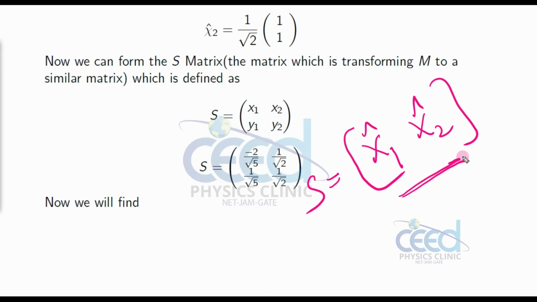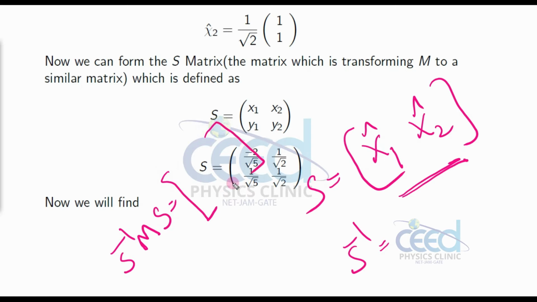Once you get this matrix, you can find the inverse of this matrix. So this S inverse into your initial matrix M or A that you considered, into this S, you will get a particular matrix that we can call the diagonalization. If you find this, that is a wonderful result: only diagonal elements will exist.